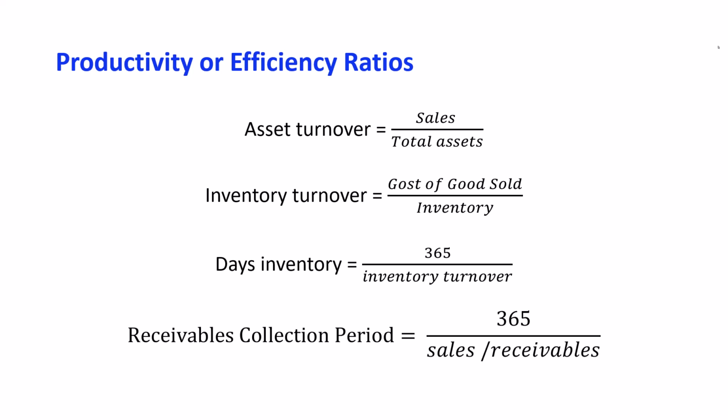So, like the first one, the asset turnover ratio shows how efficiently the firm uses its assets to generate revenues, right? Are we using our assets the best way possible to generate sales? This ratio, the asset turnover ratio, measures that question.